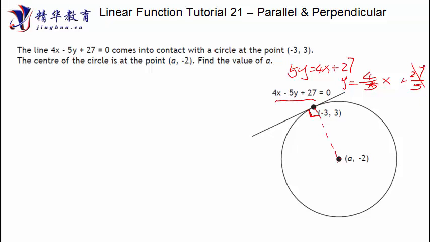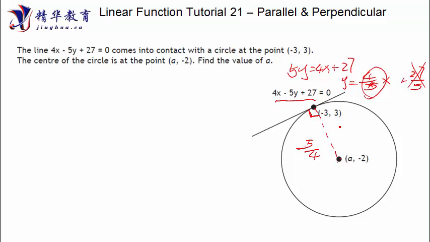I don't care about these numbers, I just care about these numbers. 4 over 5 is the slope of this line. Our slope is supposed to equal -5 over 4. If you don't know how to do this one, go back and check videos 17 to 20, I have a very detailed explanation there. -5 over 4 is the slope of our line.